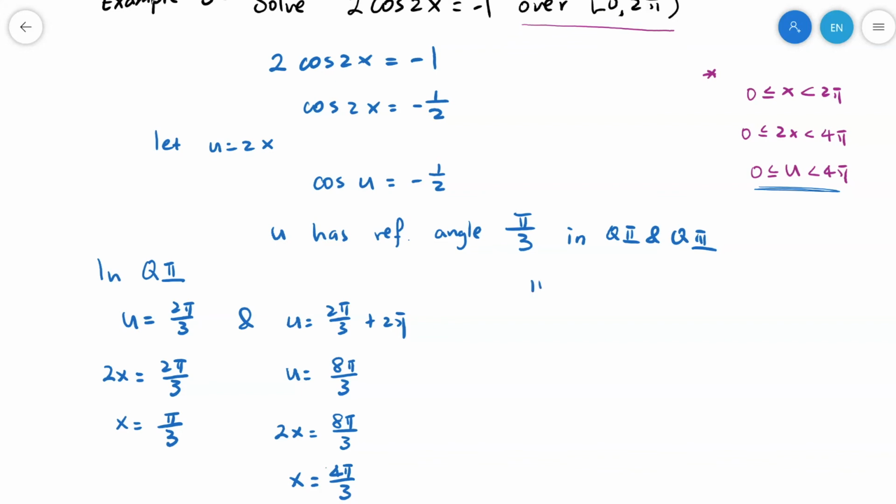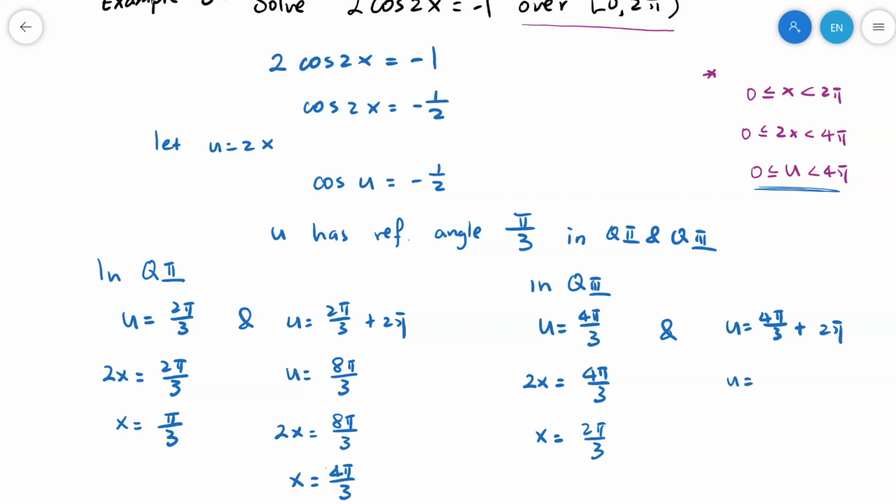In quadrant 3, we will have a very similar situation. u can equal 4 pi over 3. And because u ranges from 0 to 4 pi, u can also equal 4 pi over 3 plus 2 pi. u equals 2x, so 2x equals 4 pi over 3, divided by 2, x will equal 2 pi over 3.